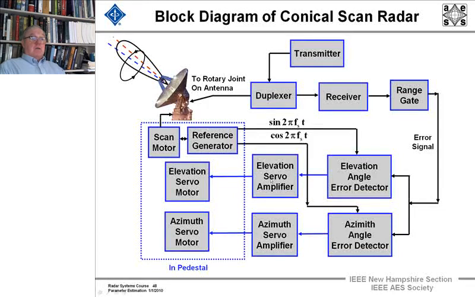And then that servo amplifier, after it gets its output from the error detector, would amplify the signal and then tell the elevation servo motor which way to point in elevation and also in azimuth in order to get the target right at the center of the beam. And this part of the conical scan system would be in the pedestal, right up in here.